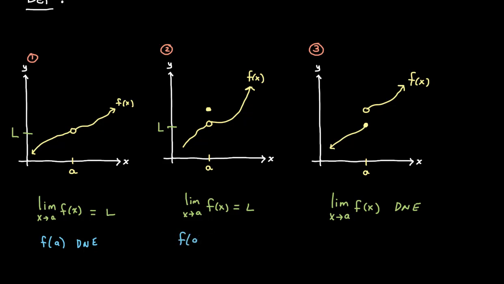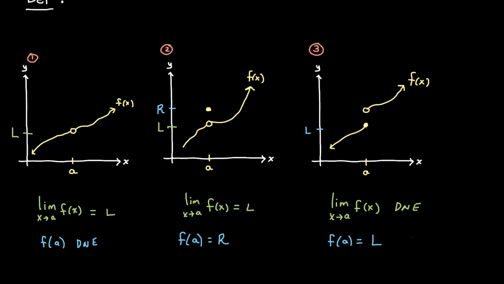Yes. f of a exists, and in fact, it equals some other real number. Let's call this real number r. So f of a equals r. It exists. And in the third one, what is f of a? It actually does exist. Let's call this one L.